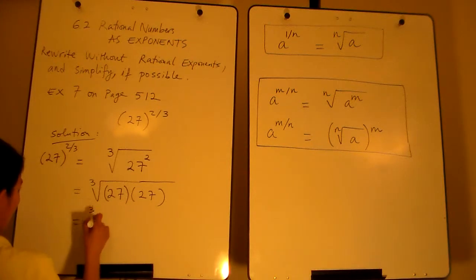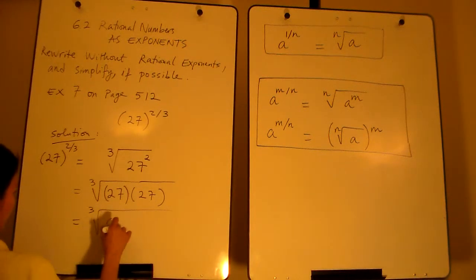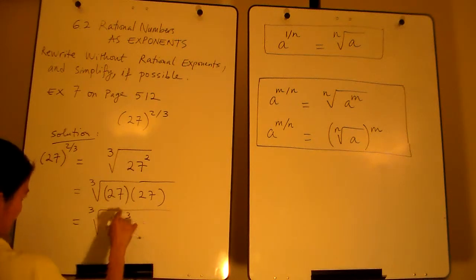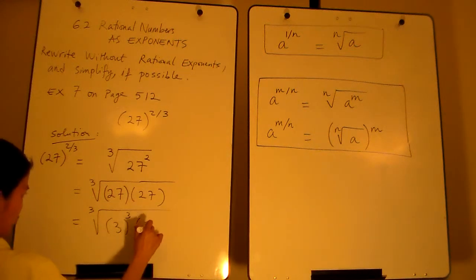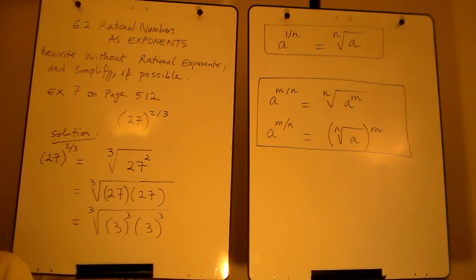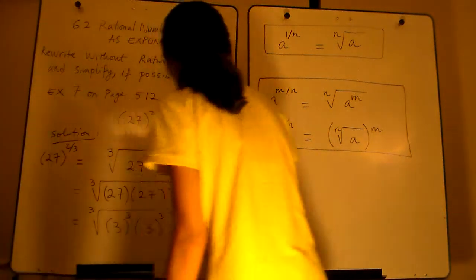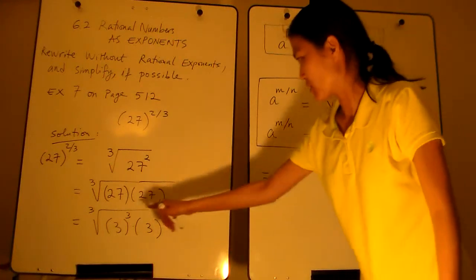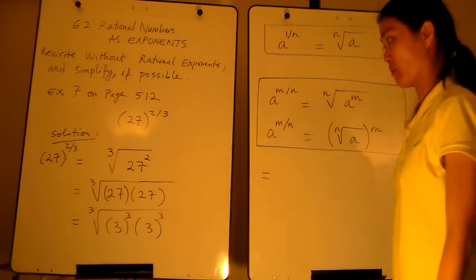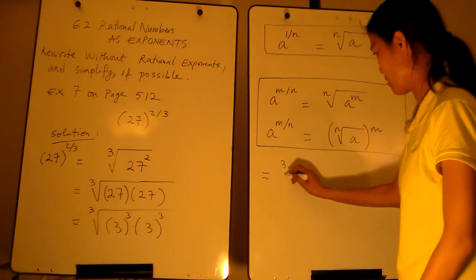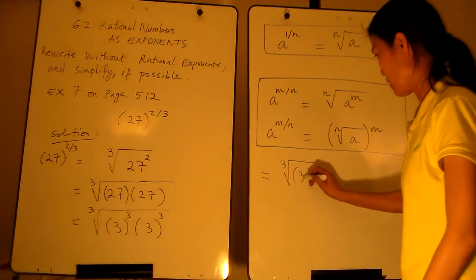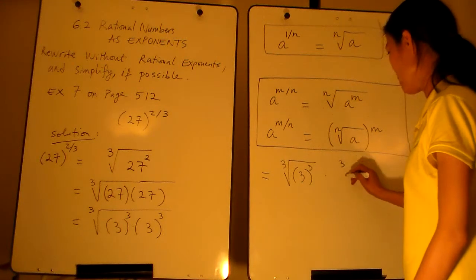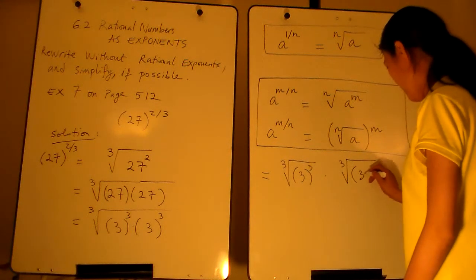So I'm going to write this in terms of the cube root: the cube root of 3 raised to the third power for this one, and for this one, the cube root of 3 raised to the third power. Because this is multiplication, you can split it into the cube root of 3 to the third power times the cube root of the second 3 to the third power.